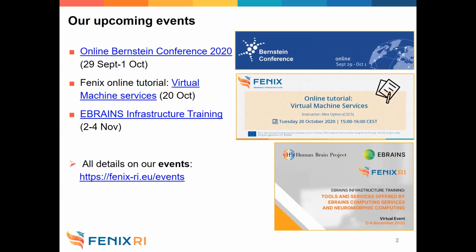This tutorial has a limited number of places available. So at the moment there is one place left, but you can always register in order to be included in the waiting list. We are planning to repeat this again in the future. And finally, there is the eBrains infrastructure training that is taking place in November.